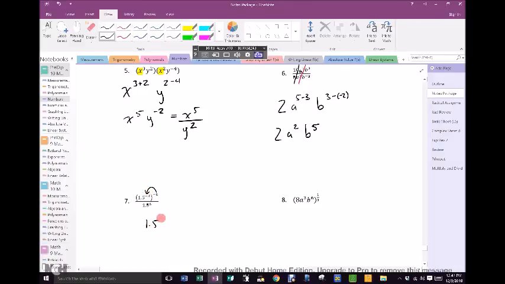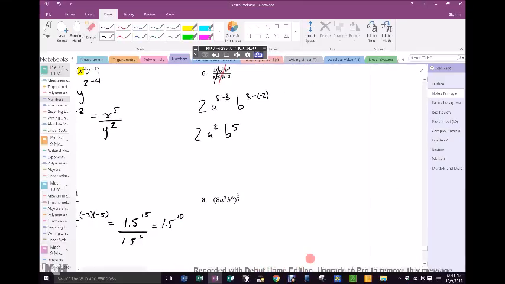So this is 1.5 to the negative 3 times negative 5. What's that? 1.5 to the positive 15, yes? Over 1.5 to the 5th. What do I do when I divide? Subtract. So that is 1.5 to the 10th. Everybody good?